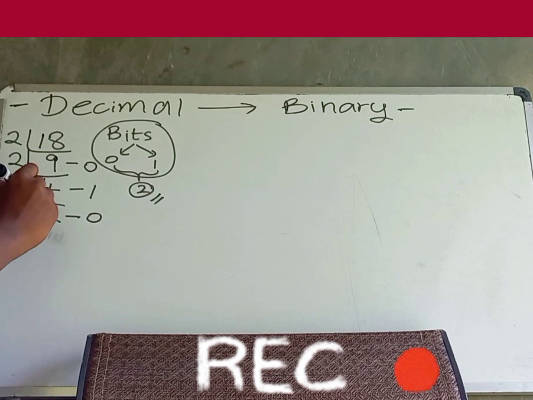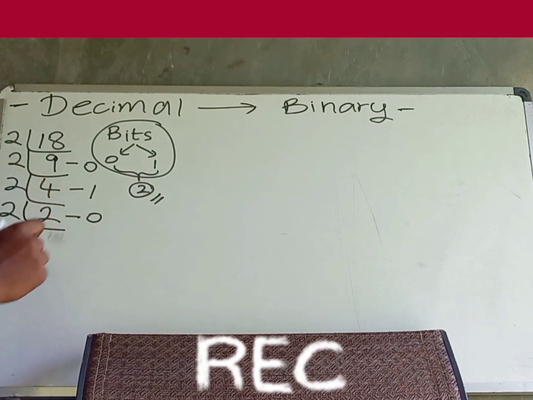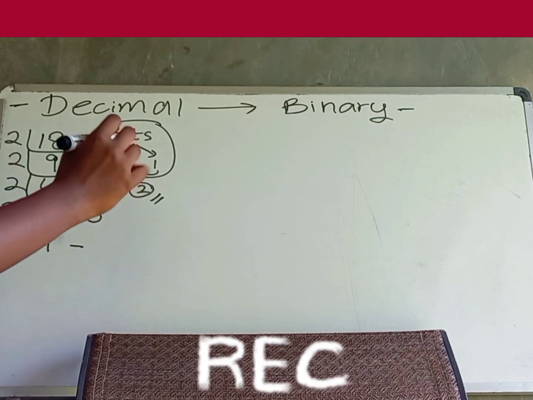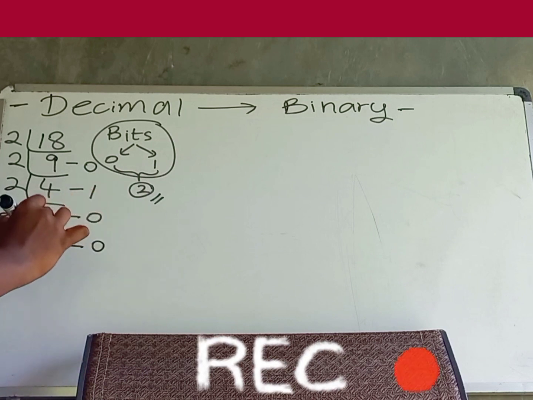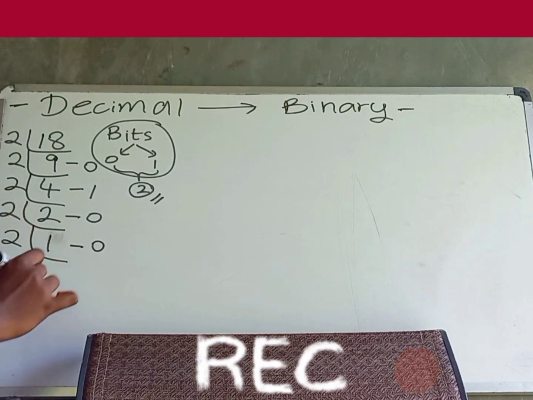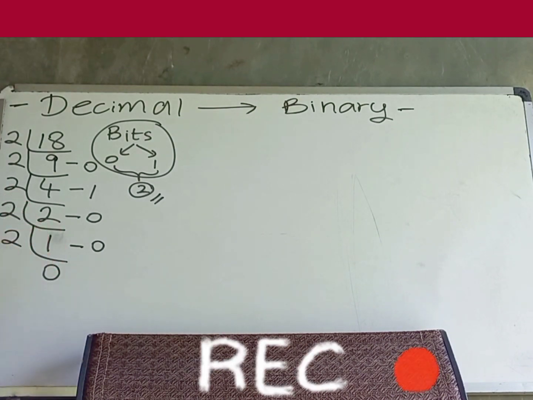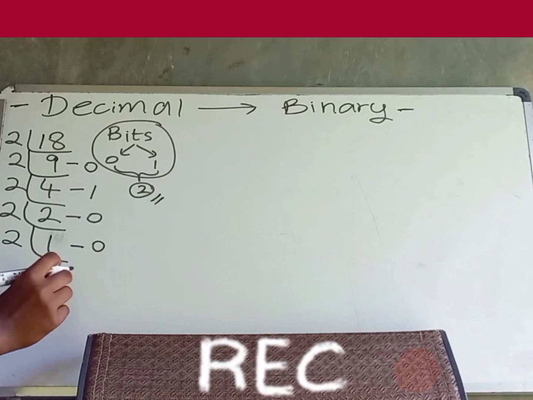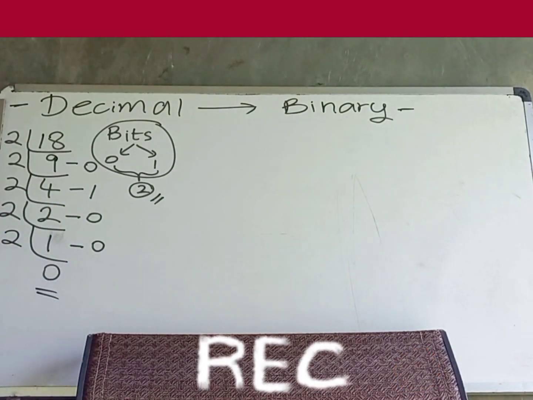Remainder 0. 2 divided by 2 is 1. Remainder 0. And again you have to divide 1 by 2 equals 0. Until you get the last digit as 0, you have to divide it continuously by 2.